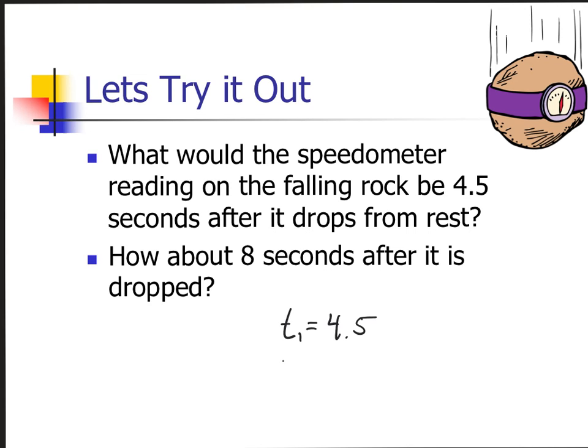We're also going to say that T2 is equal to 8 seconds. Utilizing the final velocity in the y direction equal to gravity times time, I should be able to solve for these problems.